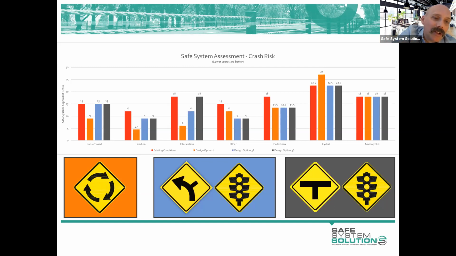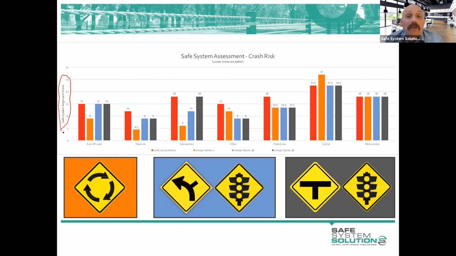I'll explain this to you in a bit of detail as to what it's showing. What we've got is this thing called a safe system assessment score on the y-axis. I said that earlier, but lower scores in safe system assessments are better. The lower the score, the better the alignment with safe system principles.